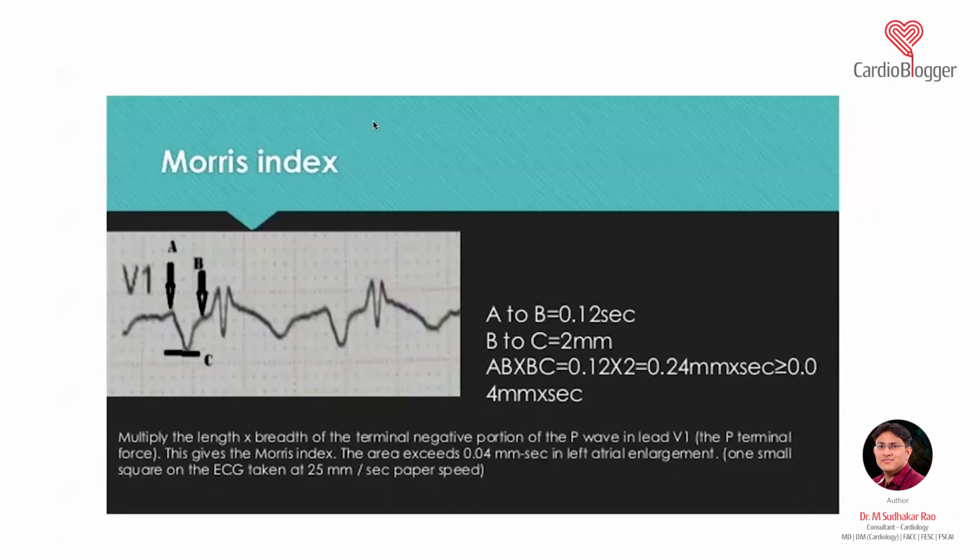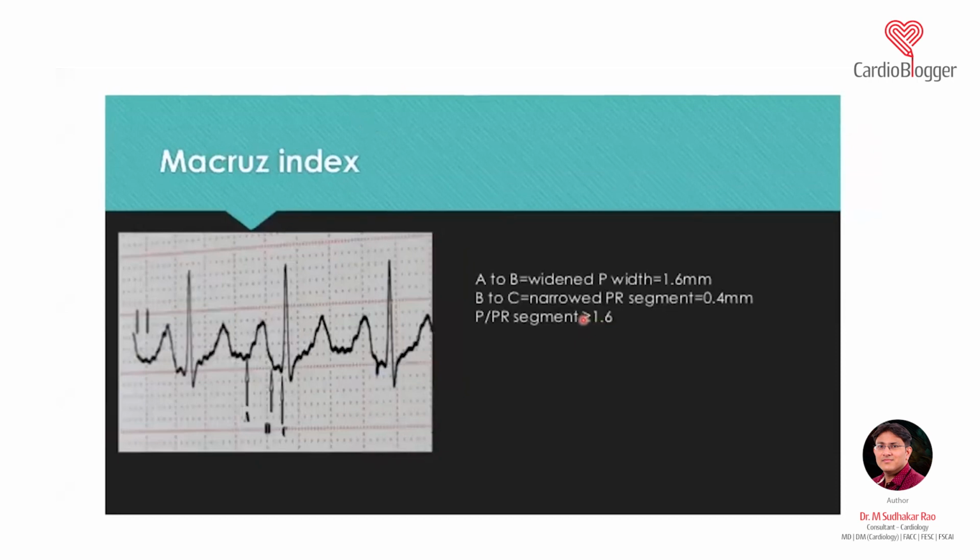Let's finish it. So this was about the Morris index. Now let's go to the Macruch index. Again, as I told you, in lead 2, you take the duration of the P wave to the duration of the PR segment. This is actually a magnification of the first ECG which we were seeing. So this is the duration of the P wave: 1 box, 2 box, 3 box, 4 box.